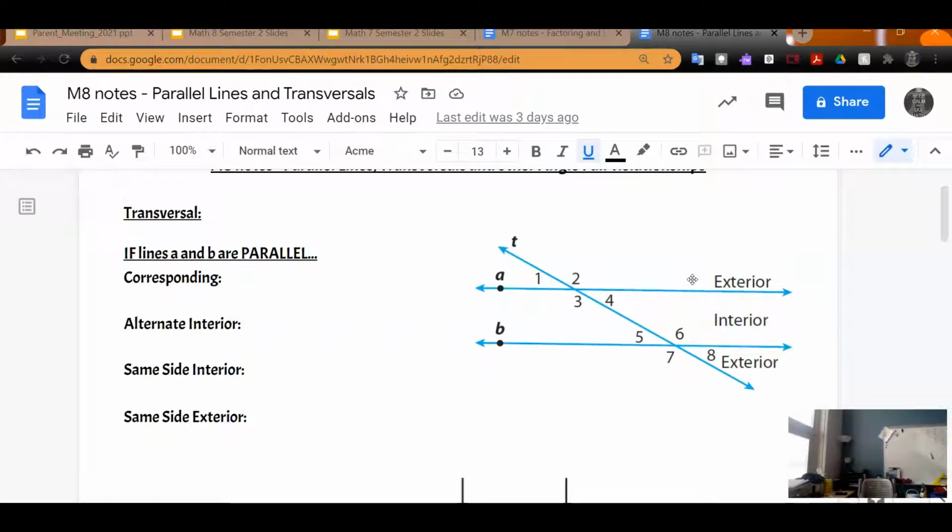Since you guys are late, I'm going to pick on you. 1 and 7 would be same side exterior, and they sum to 180. So it looks like we're going to end up supplementary. So this also goes here, saying angle 1 plus angle 7.